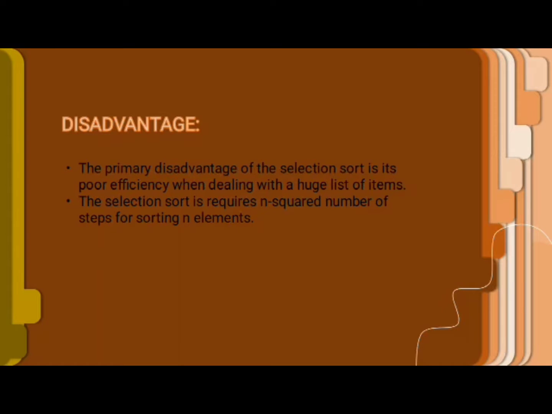The primary disadvantage of the selection sort is its poor efficiency when dealing with a huge list of items. So its disadvantage is the opposite of its advantage, meaning that when we are dealing with a huge list of items, its performance is poor, unlike when we are dealing with a small list of items.